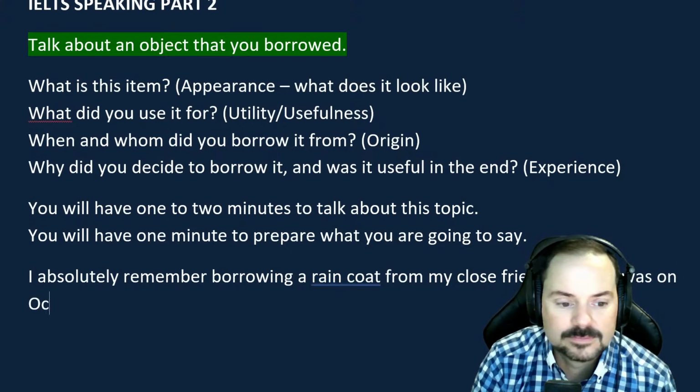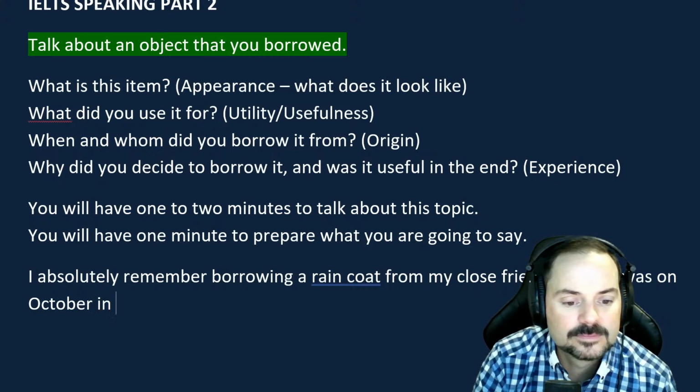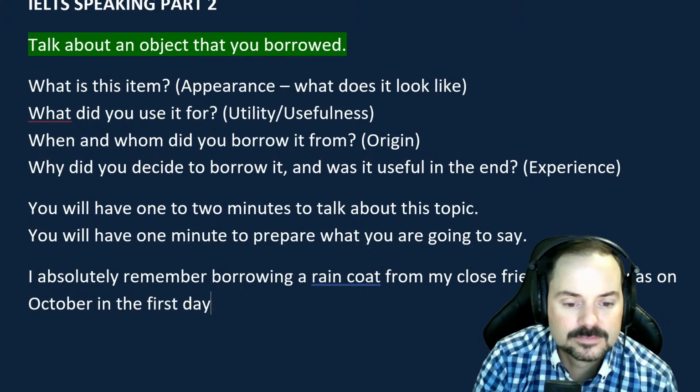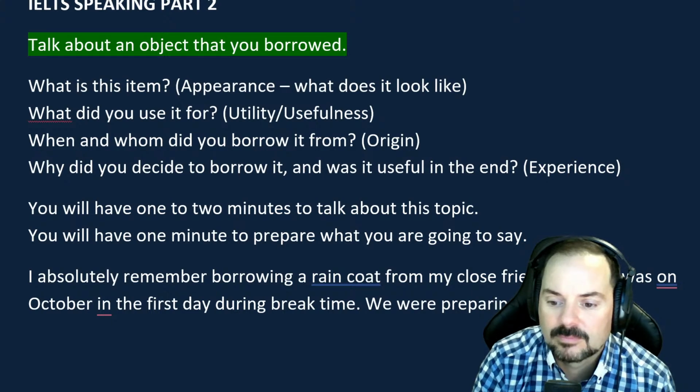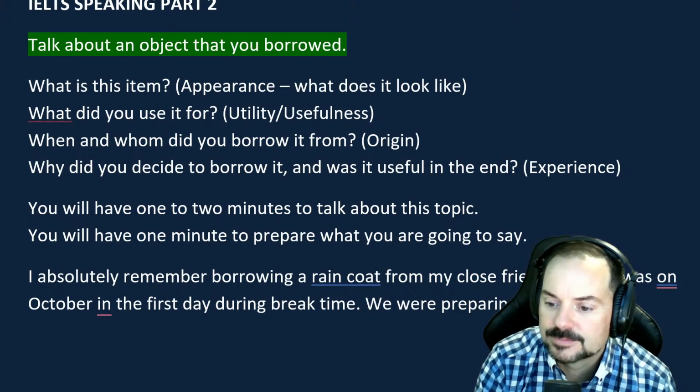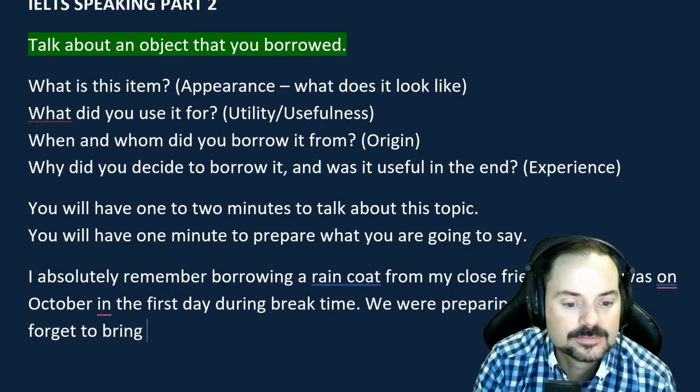I was in my own class and we were preparing for the next class, chemistry, and suddenly I forgot to bring my own lab coat. So I needed to go to Jason's class to borrow his lab coat.